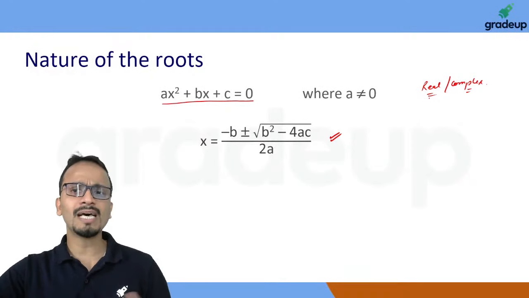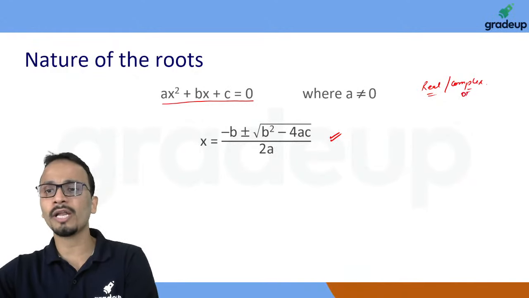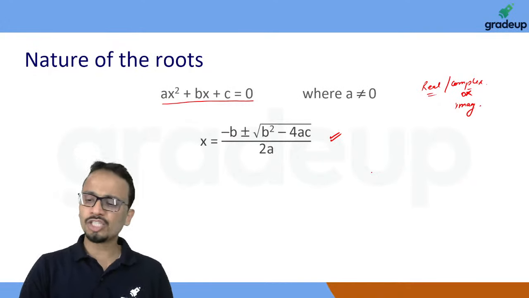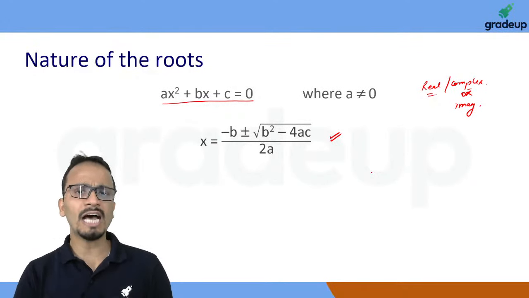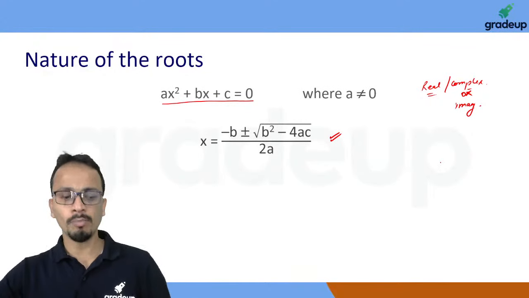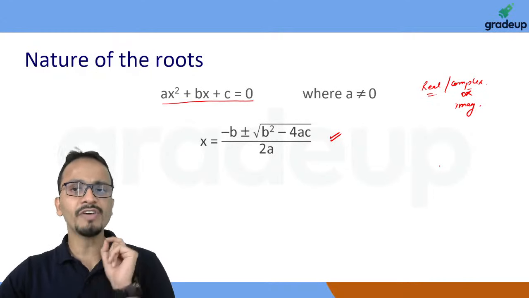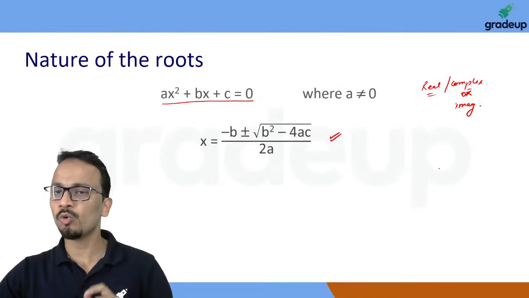The types of numbers are real numbers and complex numbers. What are complex numbers? Complex numbers, or imaginary numbers, are those numbers which have a negative number in the square root sign.